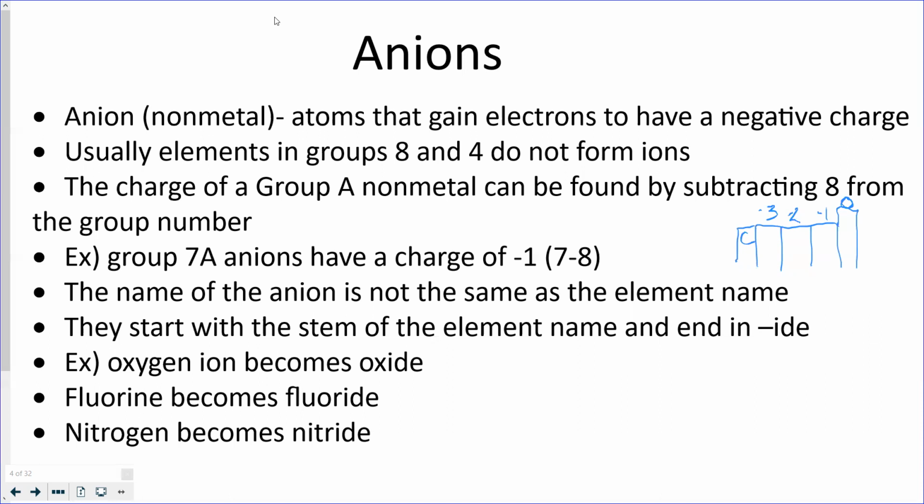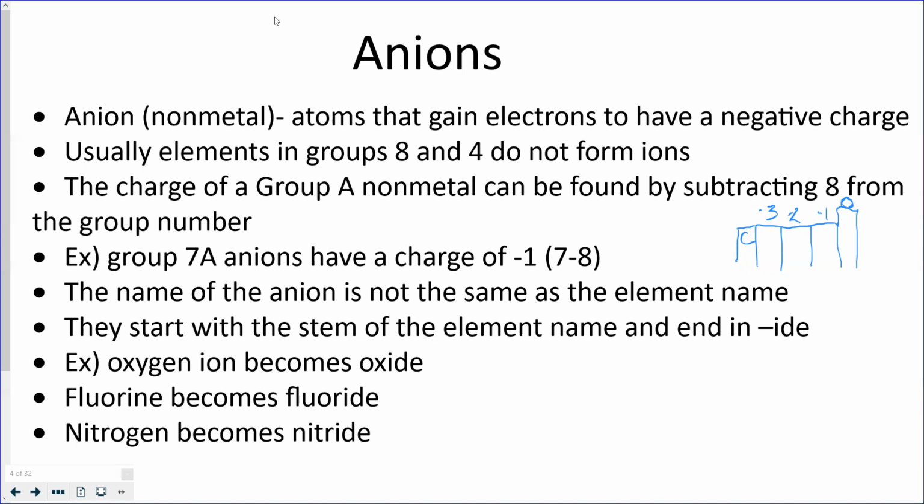Now, to name the anion, the name is not identical to the element name. Whenever we name an anion, we take the stem of the element name, so the first part of the element name, chop off the ending, and we change the ending to IDE to show that it's an ion.